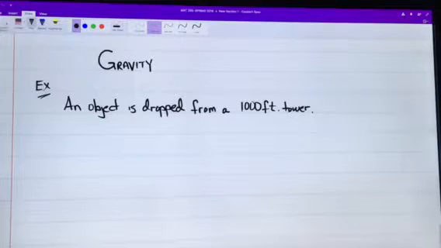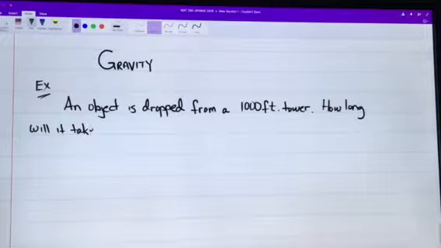And we can pose some questions. Among the questions posed will be, how long will it take the object to hit the ground?